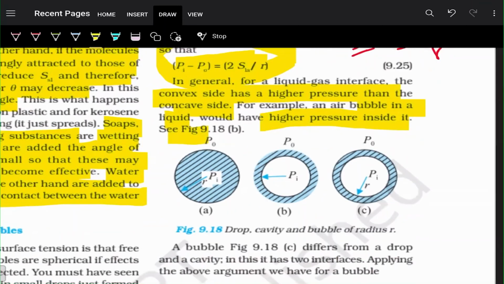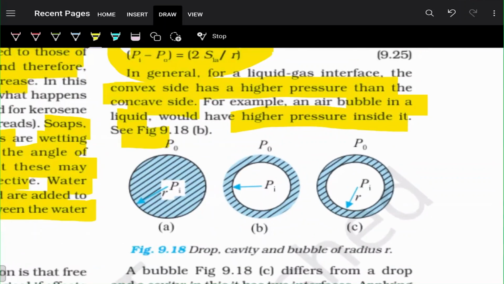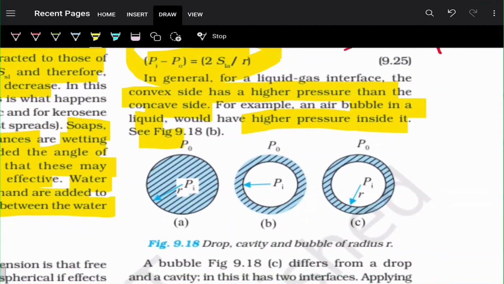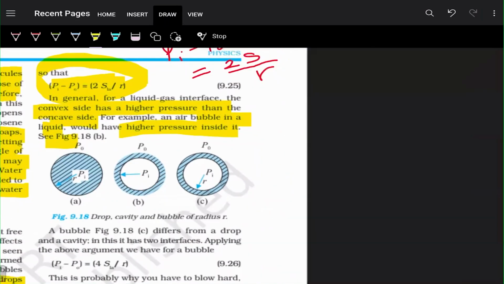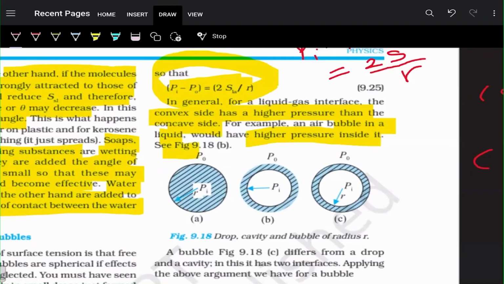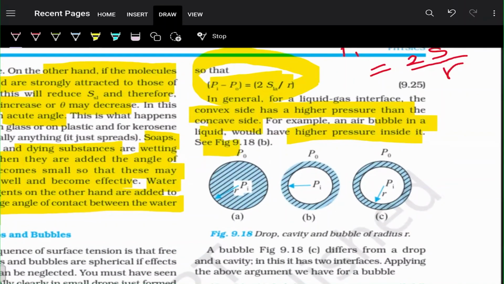Correct. So the convex side has higher pressure than the concave side.